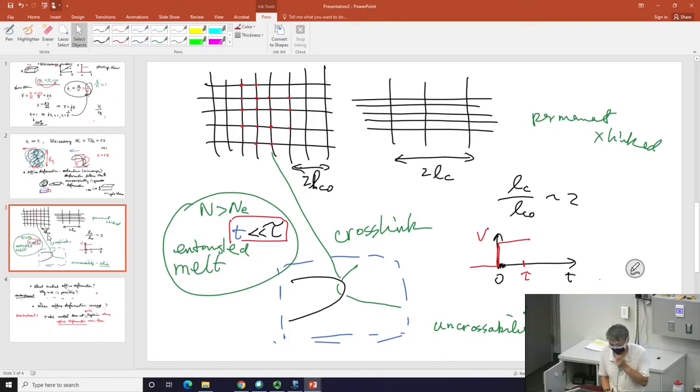And of course, by the time you are near tau, it's hard for you to argue that there is still affineness here because chains would have moved around, right? They would not have a chance to grab onto each other. So this gives me an opportunity to generalize the concept of disentanglement.